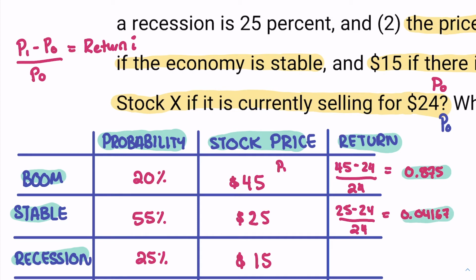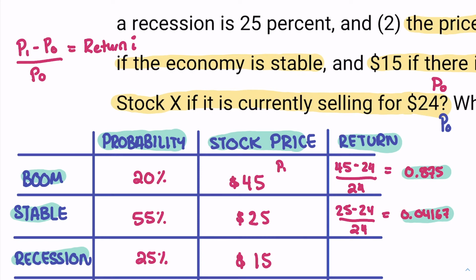Then the last scenario, really quickly, I wanted to make it super clear between you and I. Super straightforward. If in a recession our stock price, our P1, is going to be $15, I think we could both agree that you're losing some money, okay? So obviously, our return could not be positive. So if you see that on your exam and you get a negative return, don't think that you made a mistake. Maybe it's actually what you need to get, okay?